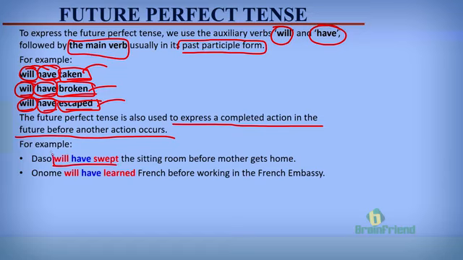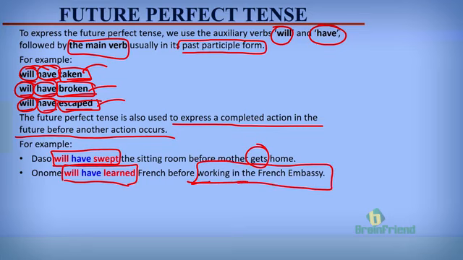Will have swept expresses an action that should have taken place before mother gets home, which is another action. Onome will have learned French before working in the French embassy. So, the action of Onome learning French should have taken place before the action of working in the French embassy. So, this is another way we use the future perfect tense.